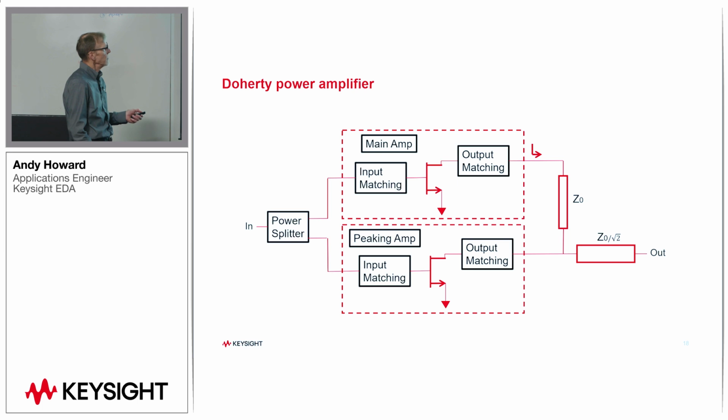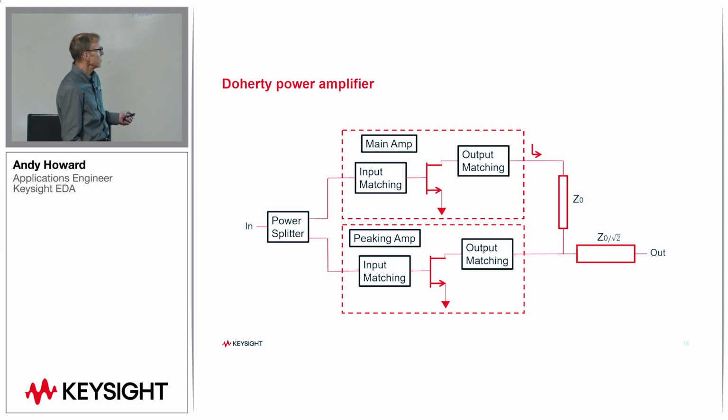So the load at the output of this matching network changes depending upon whether the peaking amplifier is on or off. So this impedance needs to change depending upon the input power level. If the input power level is low, then the main amplifier is operating at high efficiency. You want it operating at high efficiency.